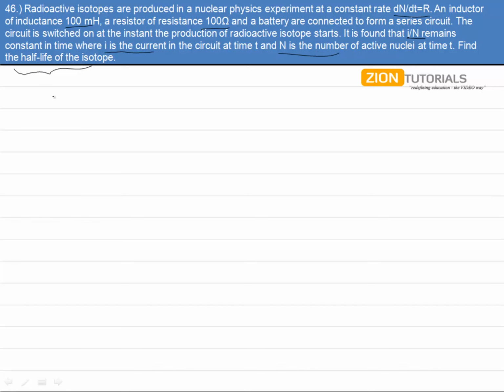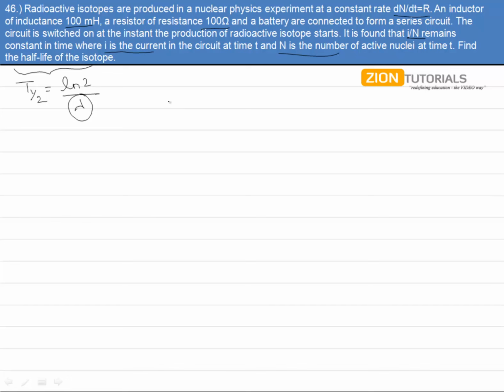Now, how to proceed in this question is that we need to find out the half-life, and we know that half-life is ln 2 by lambda. So if we can manage to find out lambda from the above equation, then we can find out the half-life.